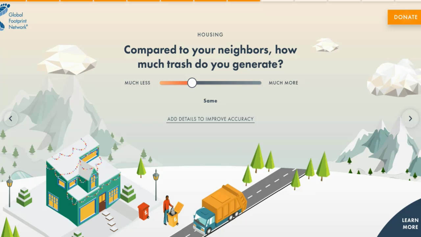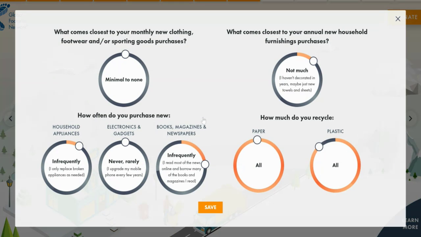This question is looking at waste, but it's not only looking at our waste, it's having a look at our purchasing and consumer tendencies. And we can see this when we go into our improved accuracy section. So it's asking us about the clothes, the appliances, the electronics that we purchase, and also what we end up recycling. So one of the things I'd like to point out here is that I've said up the top that I purchase minimal to no new clothing, footwear, or sporting goods throughout the year.